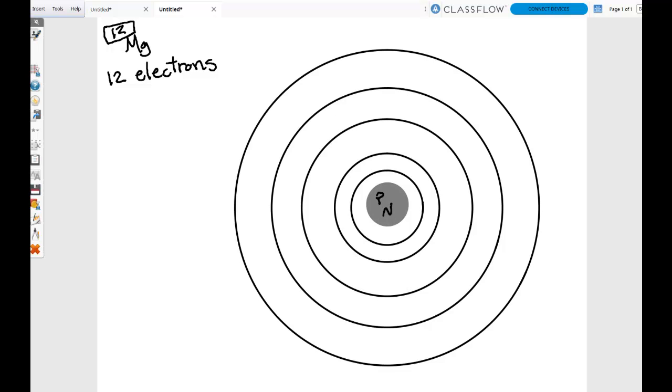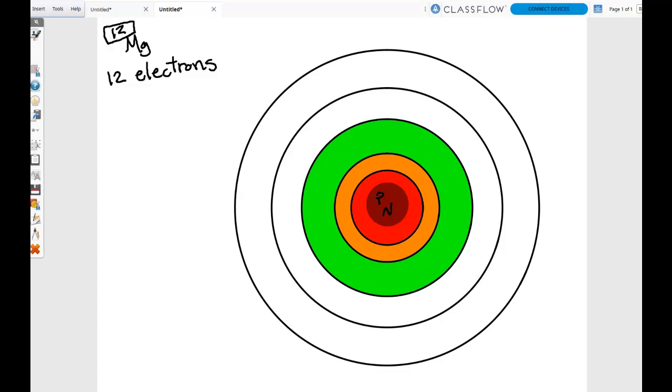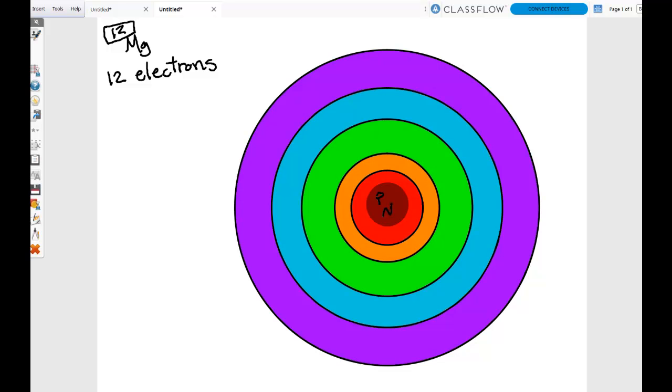Let's color them to know what they are. This is shell number 1, that's when n equals 1. And that's shell number 2, and that's when n equals 2.